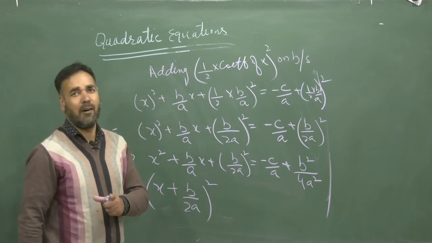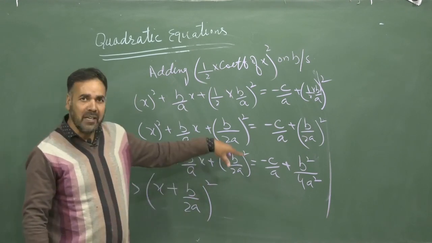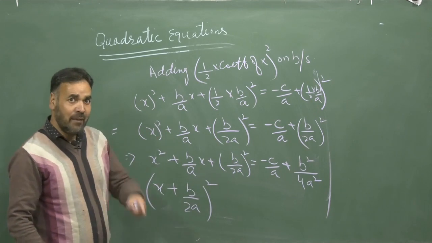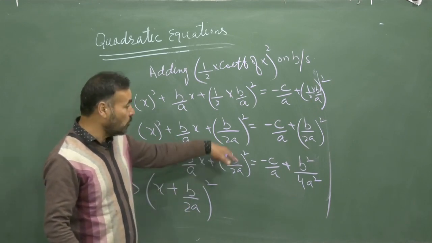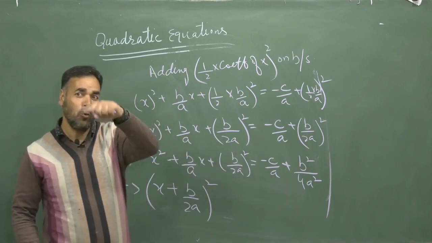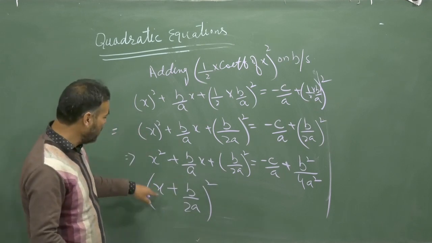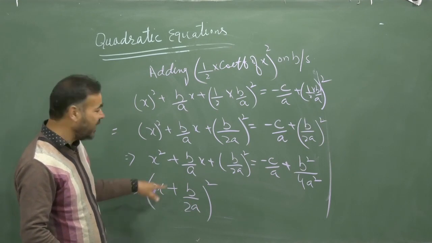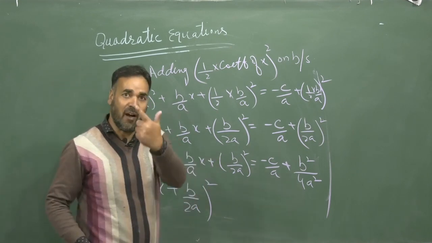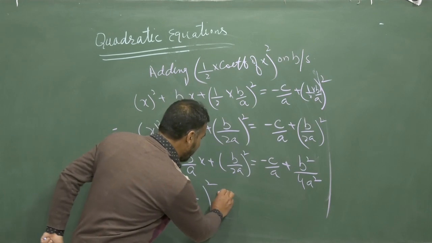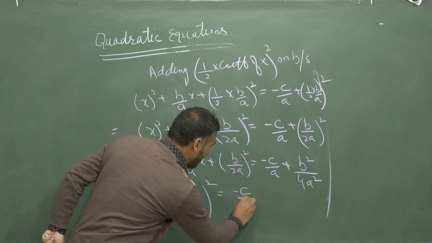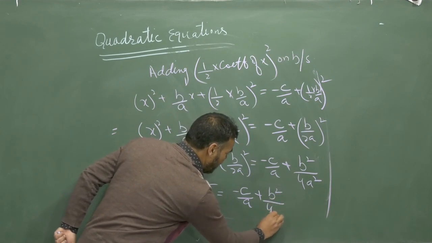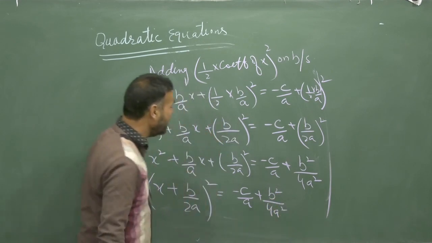You can check that (a + b)² means a², that is x², plus b², that is (b/2a)², plus 2ab, that is 2 into x into b/2a, where 2 and 2 cancel, so it is (b/a)x. That is equal to -c/a + b²/4a², right?